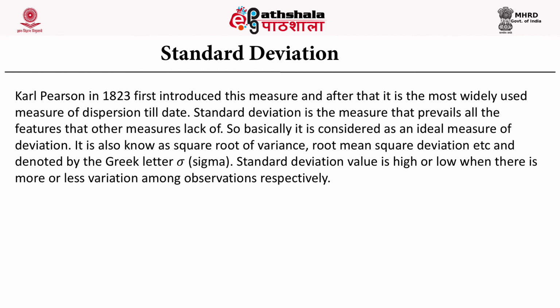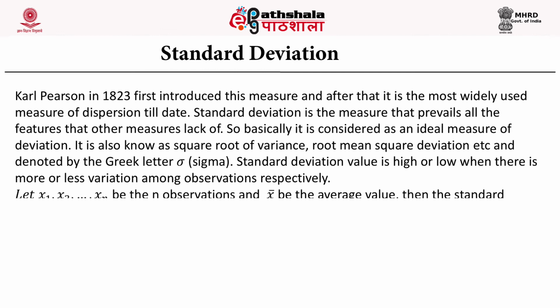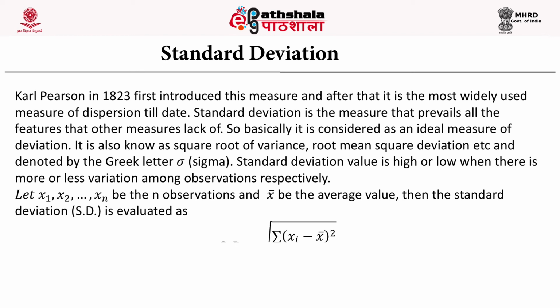So basically it is considered an ideal measure of deviation. It is also known as the square root of variance, root mean square deviation, etc., and is denoted by the Greek letter sigma. Standard deviation value is high or low when there is more or less variation among observations respectively.